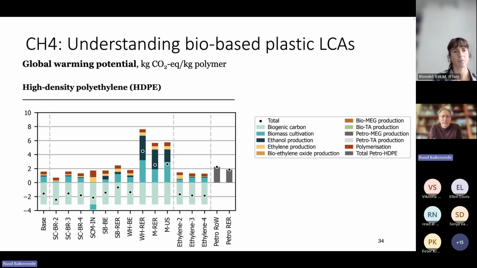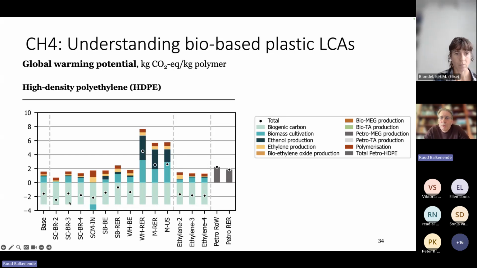And that's shown in this figure, maybe a bit of a complicated one. The figure shows ACPE, in particular for drop-in bio-based plastics. And it shows that the impact is very dependent on the sourcing and shows far more variation than the petrochemical plastics that you see here at the end.